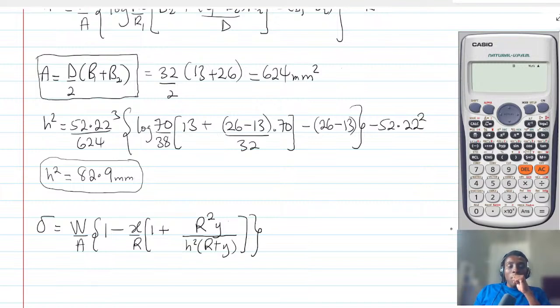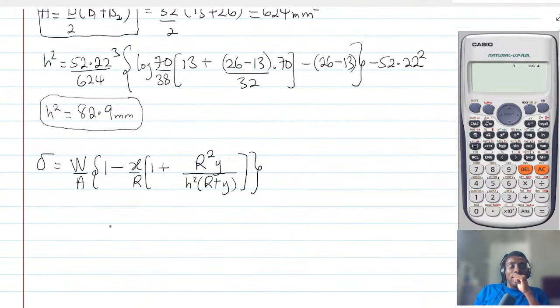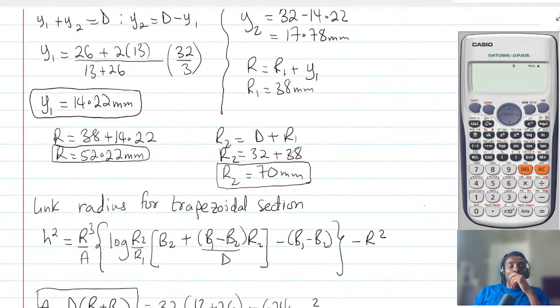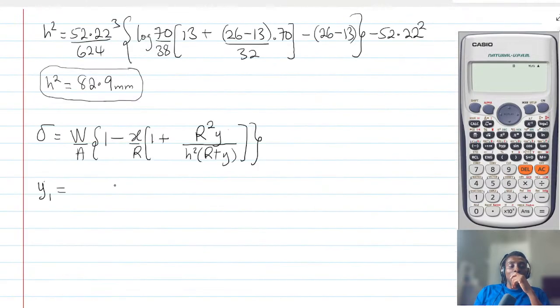Now, if you want to get the stresses, don't forget that we have y1 and we have y2. So y1, what did we get? We got 14.22.